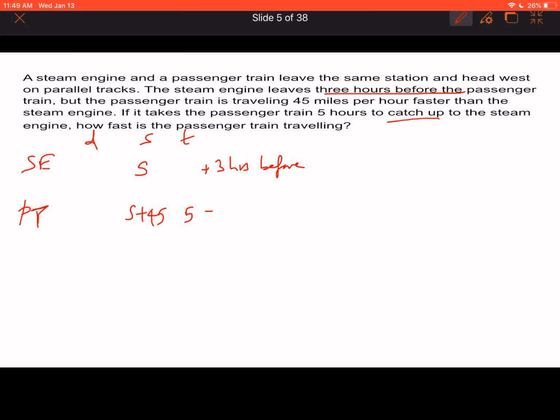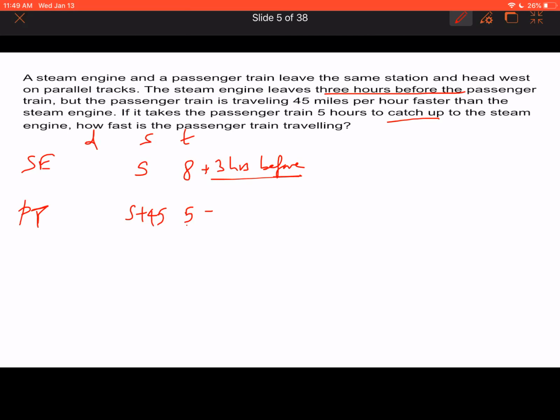That means 5 plus 3, 8 hours. So this clue of 3 hours before is helping us to find the time. The 5 hours is given, so we have to add 3 hours to get the time taken by the steam engine. You will get it.